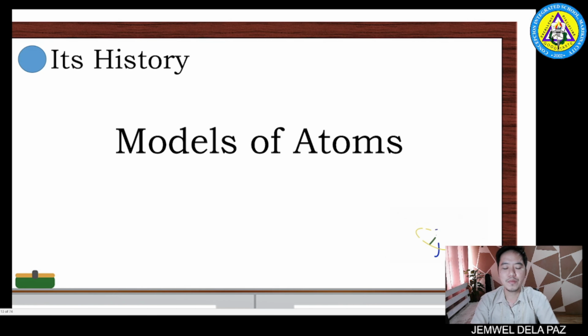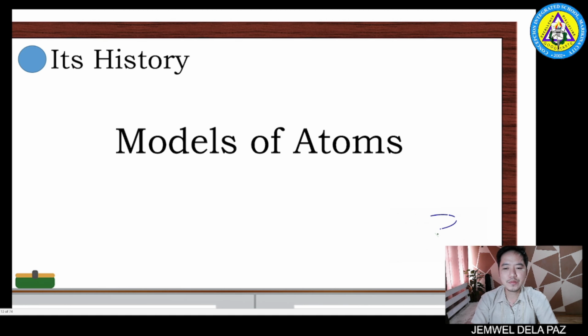Here are the different models of atoms. Since atoms are the smallest part of a given matter, no one has seen it because they are too small to be seen by our naked eye. We have to use a highly sophisticated microscope just to see the surface of the atom.